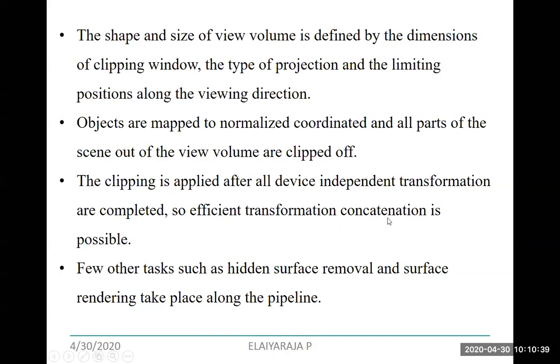Okay. So efficient transformation concatenation is also possible in your 3D viewing. A few other tasks such as hidden surface removal and surface rendering take place along with the 3D viewing pipeline, where in projection transformation with respect to your view volume, we see hidden surface removal or surface rendering using the Z buffer algorithm.